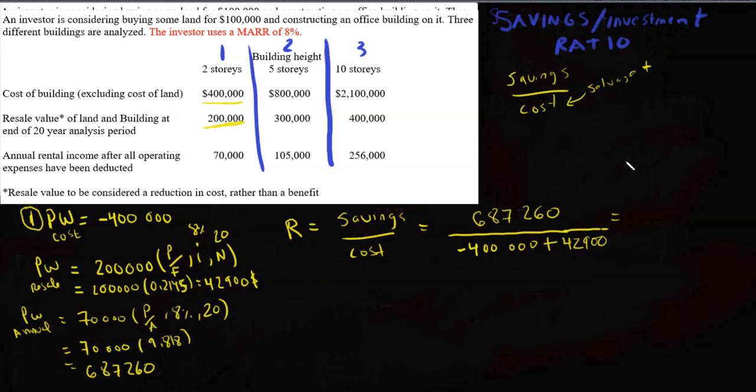The cost of the building is $400,000 for 2 stories, but you also have to consider the $100,000 of land that you're paying as well. So we're going to have to change this denominator, 400,000, to 500,000. Let's erase that. It almost got me, guys, I'm not going to lie.